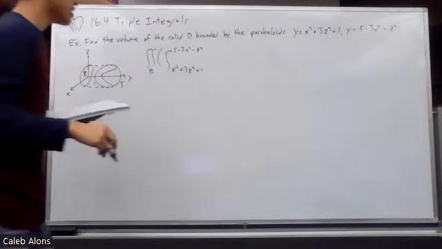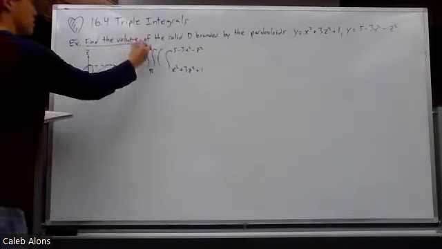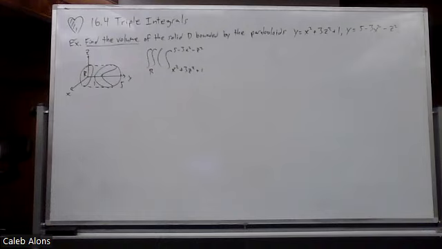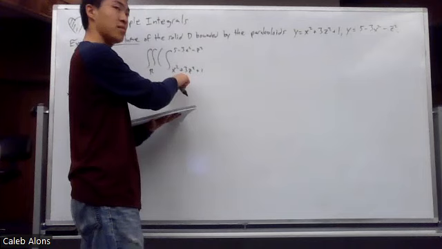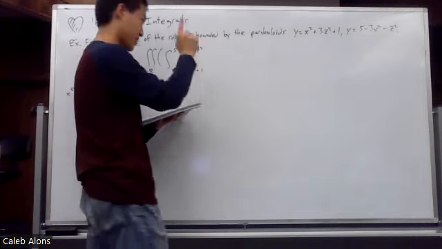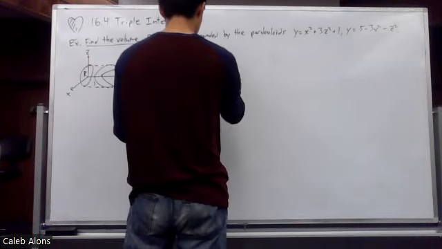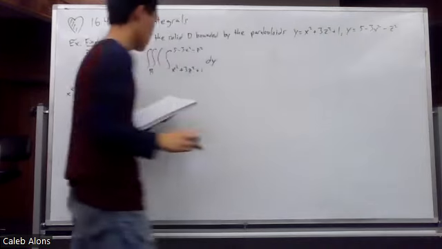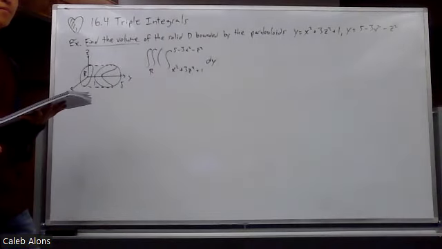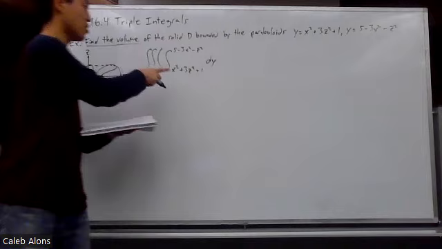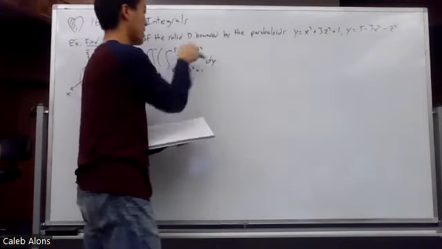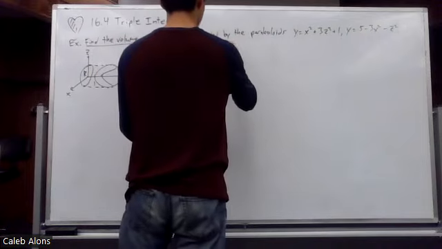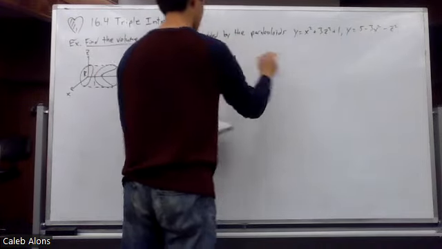What's going to be the integrand again? 1. But what's the differential that we're using for the innermost integral here? Good. Why is it dy? Because the function we're doing is for y equals. Yes, these are y values essentially.